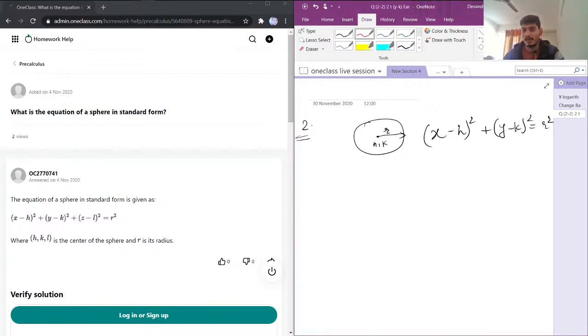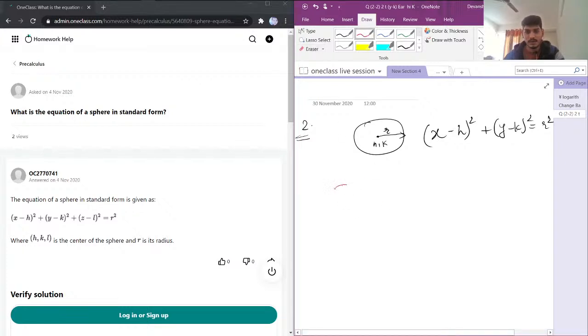Now here I cannot draw the 3D structure, but if we add one more dimension in the z component, I don't know how I can draw a sphere.